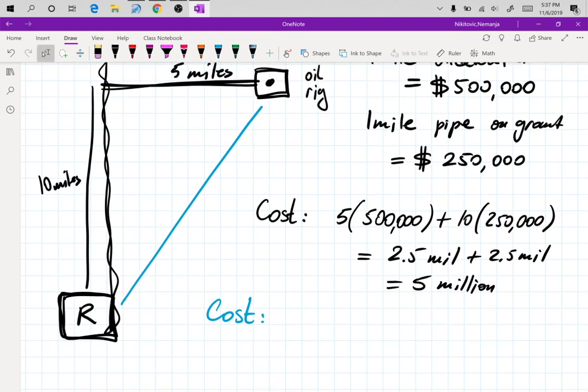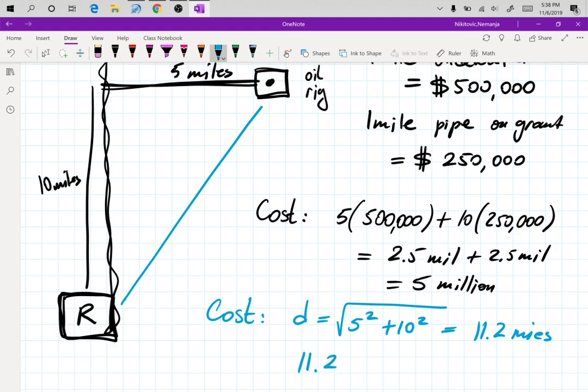So the distance is going to be the square root of 5 squared plus 10 squared. And that's going to be root of 125, which is 11.2 miles. So the cost would be 11.2 miles times $500,000 to give me 5.6 million.